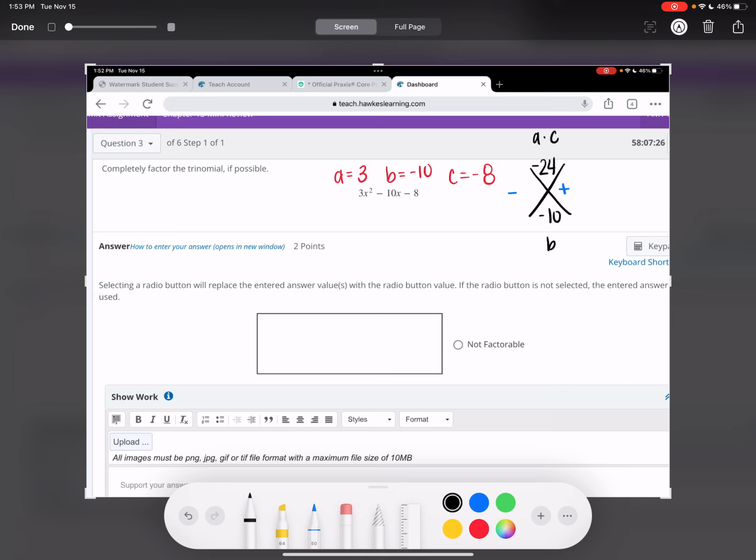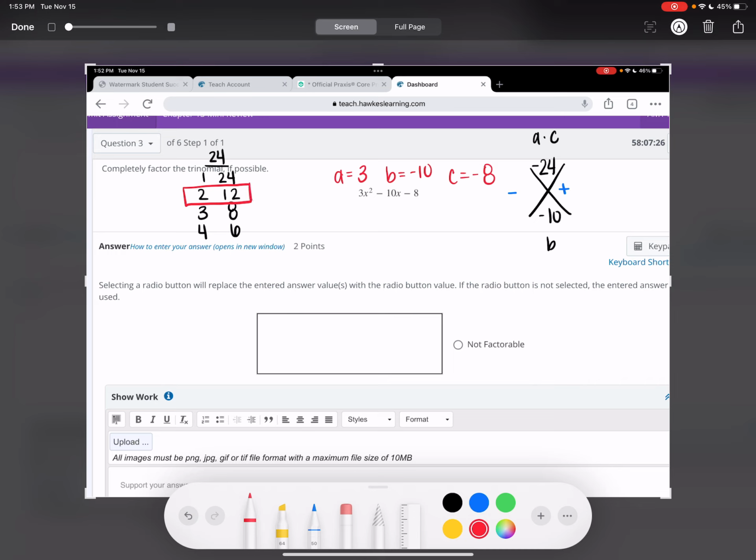So let's list off our factors of 24. We've got 1 and 24, 2 and 12, 3 and 8, 4 and 6, no 5, and then they repeat. All right, so I'm looking for the 2 that will get me to 10, and I've got 2 and 12.